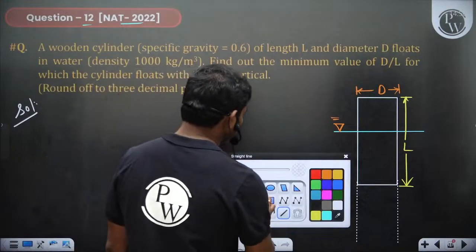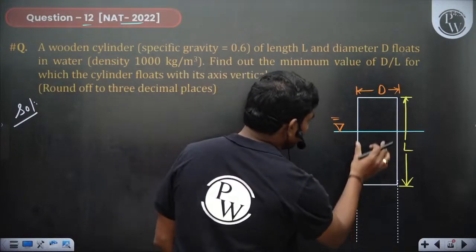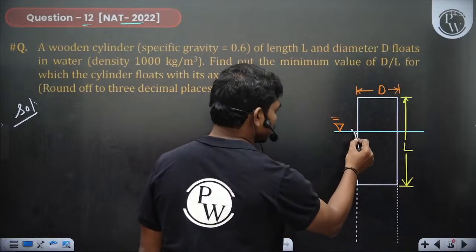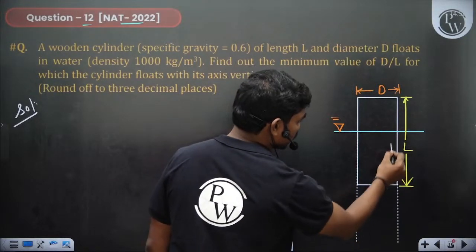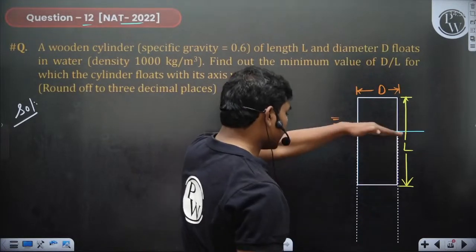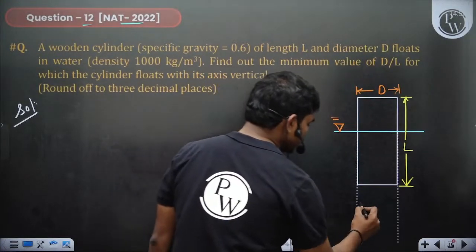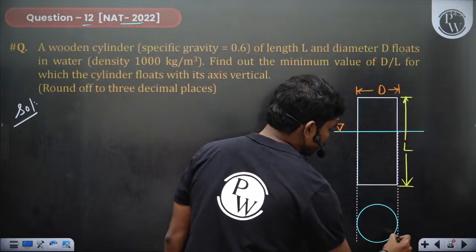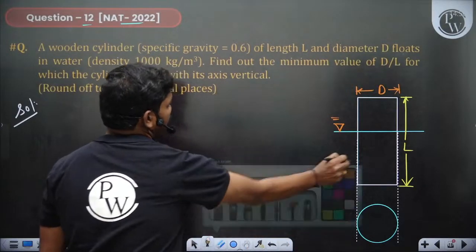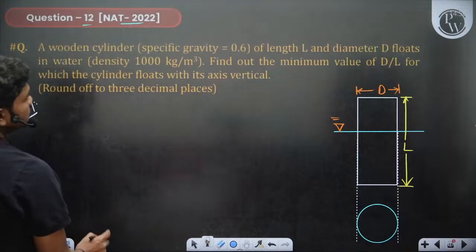So let's see. It's a wooden cylinder. If you project this water line, it will go up to this point. If you cut at the water line, the cross section you see will be a circle. You know this. And this cylinder is floating, a wooden cylinder of specific gravity.